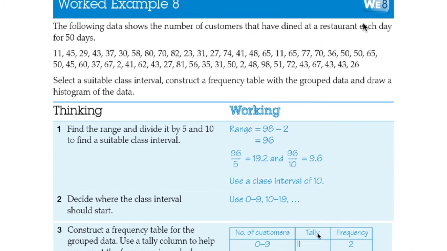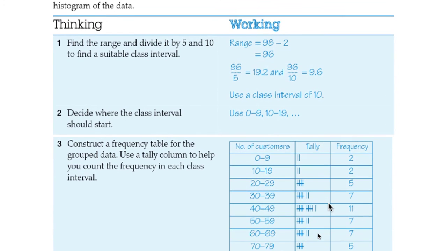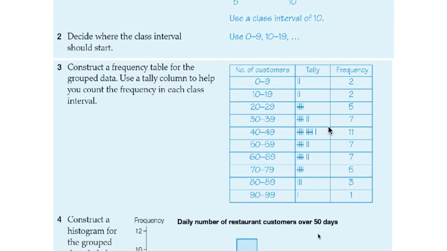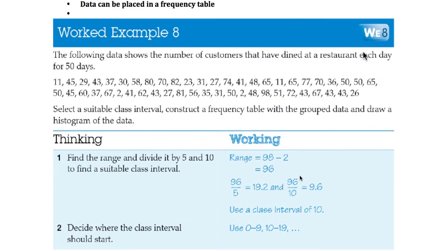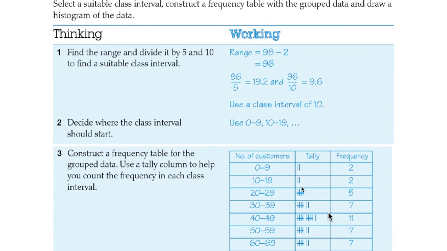So we create our frequency table, and you'll notice in this example we have introduced a tally column, just so you can keep track. For instance, take the number 11. There's our first data item, and that fits into this range of 10 to 19, and we put a 1.